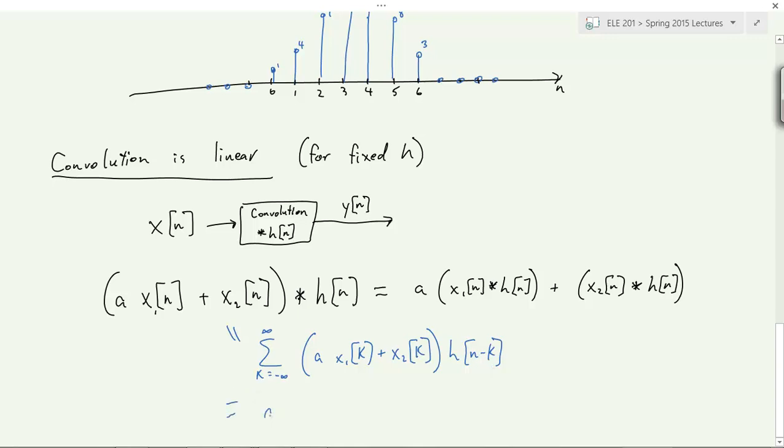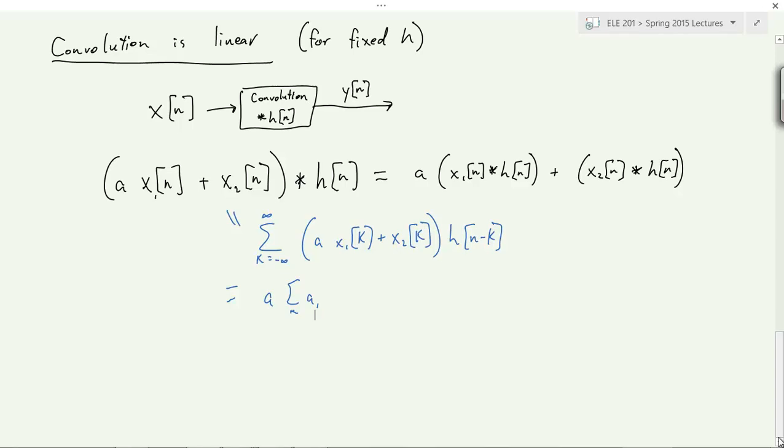We can separate that into two sums, which equals the right-hand side. Okay, so it's a linear operation.